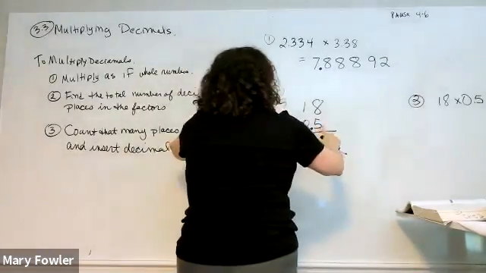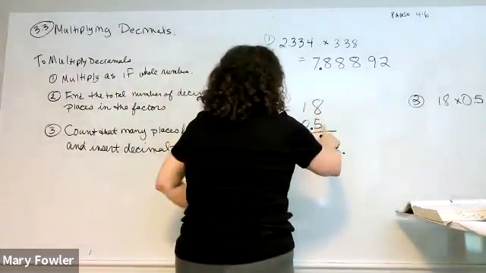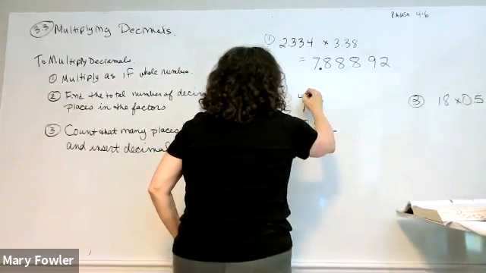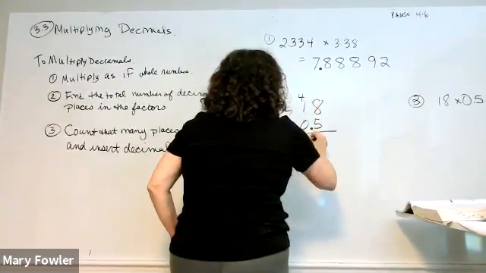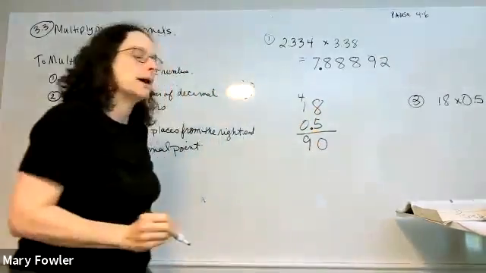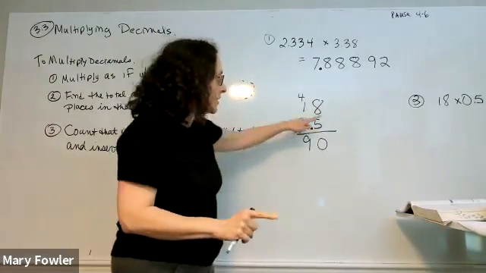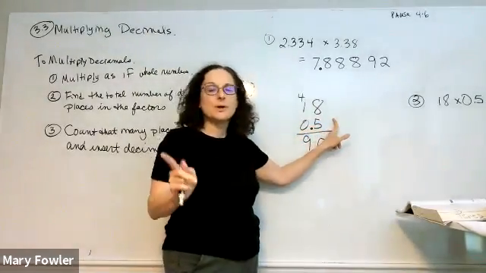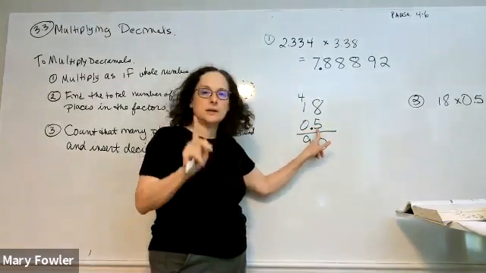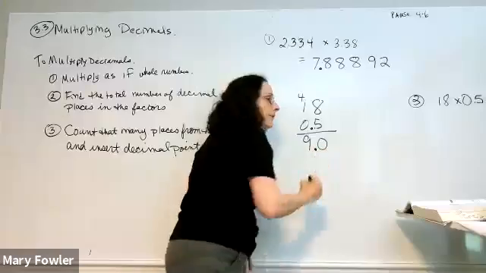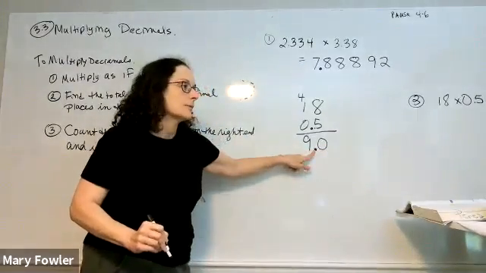So we're going to multiply as if there was no decimal, and I get 90. And now we add up the total number of decimal places. The first number has no decimal places, and the second number has 1 decimal place. So just insert your decimal point right there, 1 over from the right.